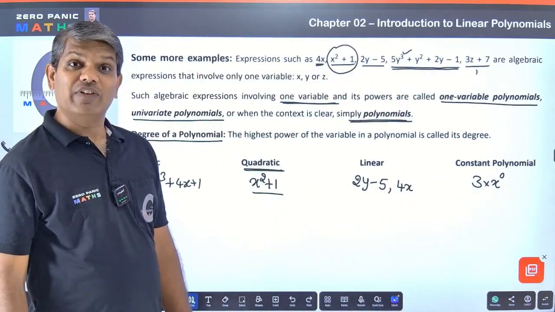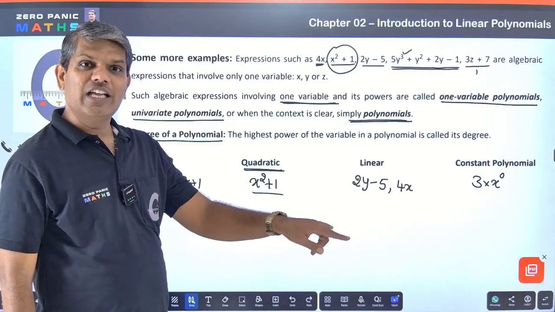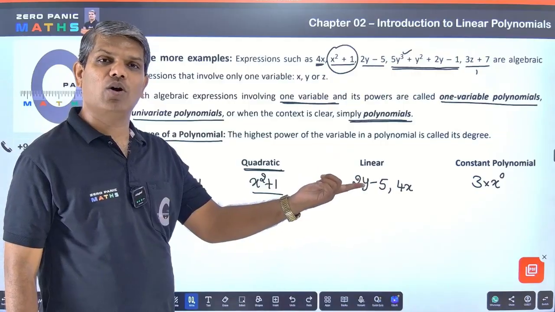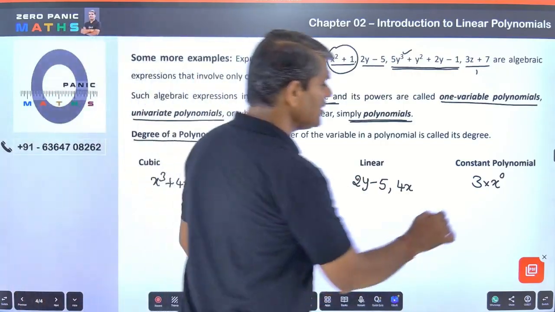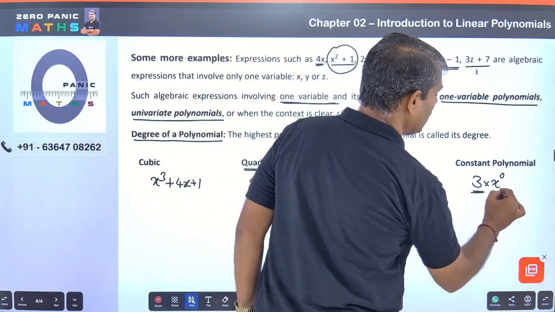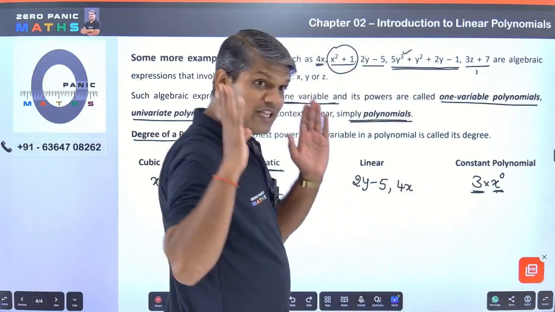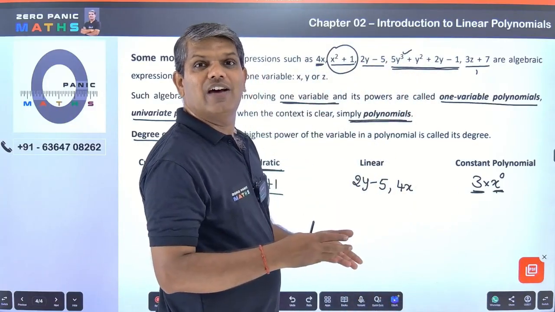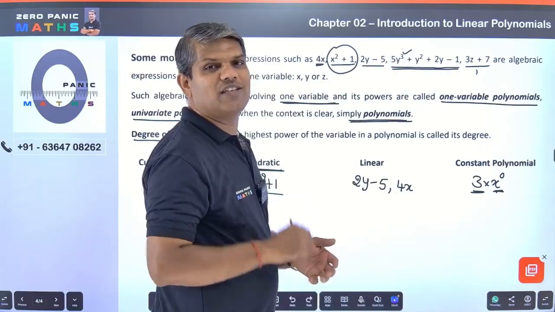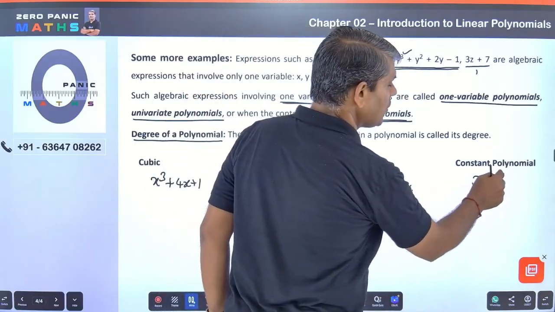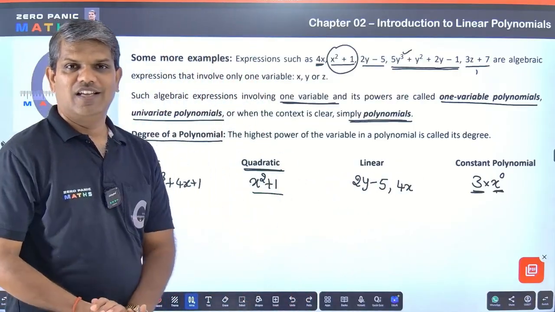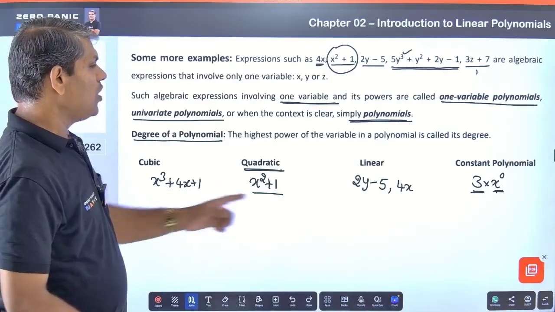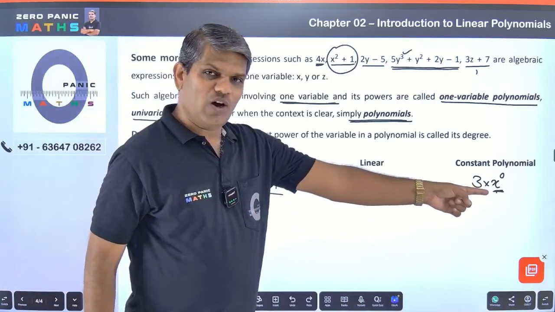The polynomial in which the variable's highest power is 0 is called a constant polynomial. If there is a constant, you can always imagine there is a variable with power 0. What is x to the power of 0? That is 1. 3 into 1 is 3, constant 3. You understood this? So for a constant, the degree is 0.